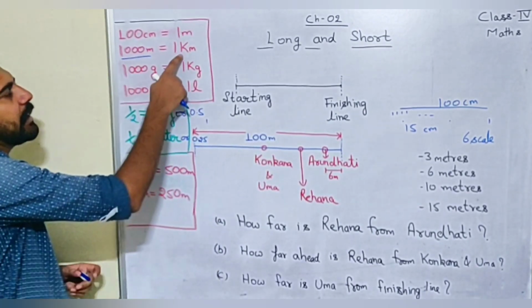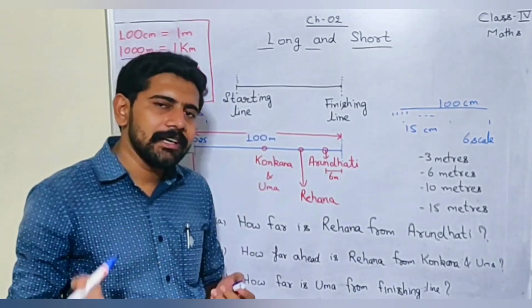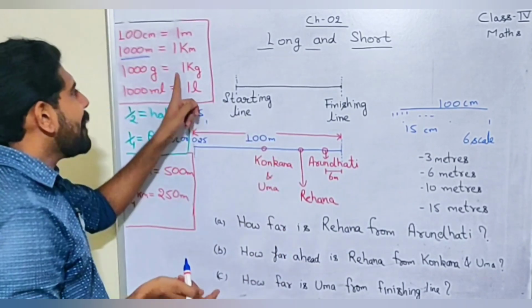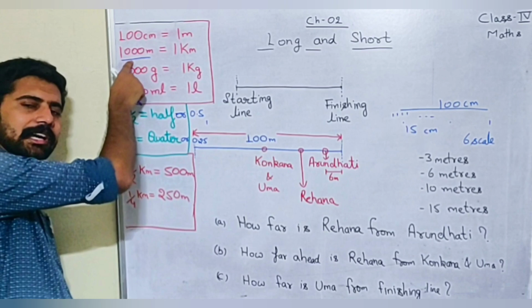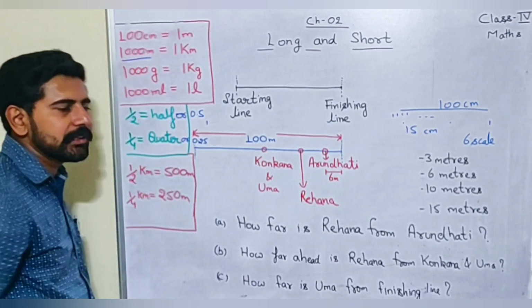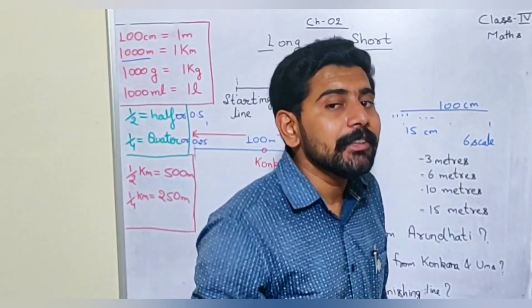Okay. Then if I ask you what is half kilometer, what will you say? You will say that since 1 kilometer is equal to 1000 meters, that means half kilometer will be half of 1000 meters, and half of 1000 meters will be just divide 1000 by 2.